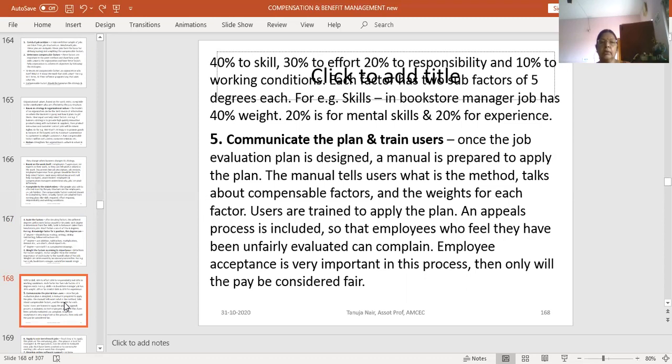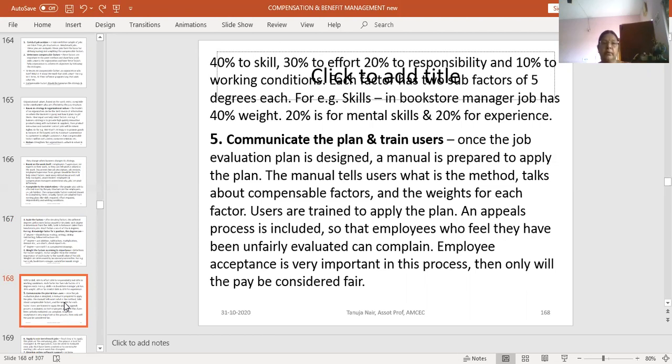So all these are compensable factors for the job of bookstore manager. And you are going to scale it from 1 to 10. Skill you will give a scale of 1 or 2. Working conditions you will give a scale of 10. So like that. Then you will give degrees. Then you will give weightage. Weightage is determined by an advisory committee.